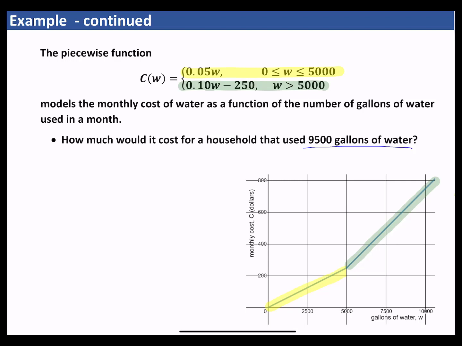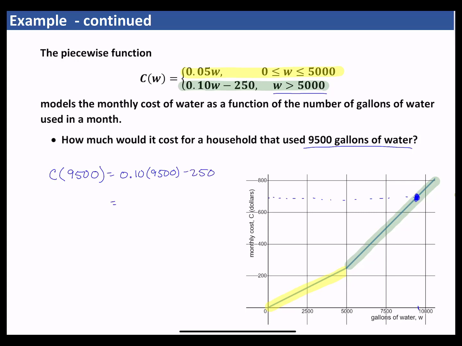Obviously 9,500 gallons of water is in excess of 5,000. If we were estimating, 9,500 might be about here. So we're going to try to find the output value when the input was 9,500. So we want to find C of 9,500. 9,500 is greater than 5,000, so we'll use the second piece, 10 cents times 9,500 minus 250.